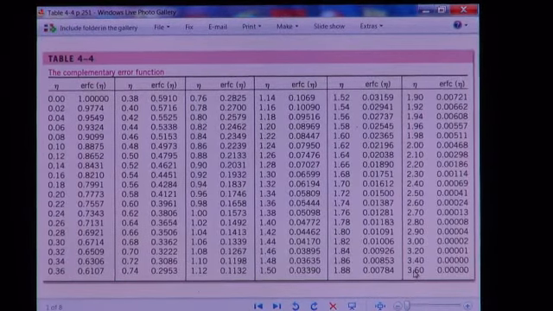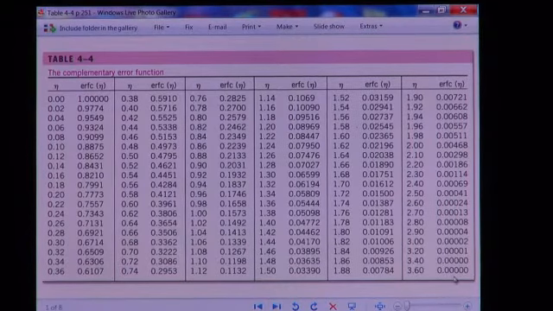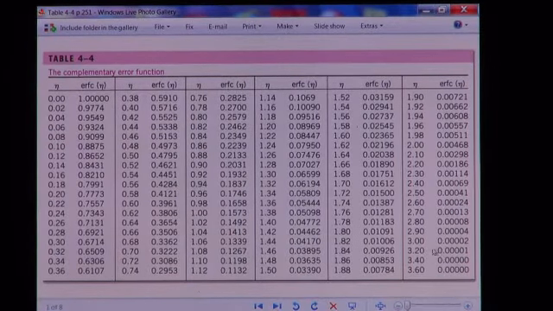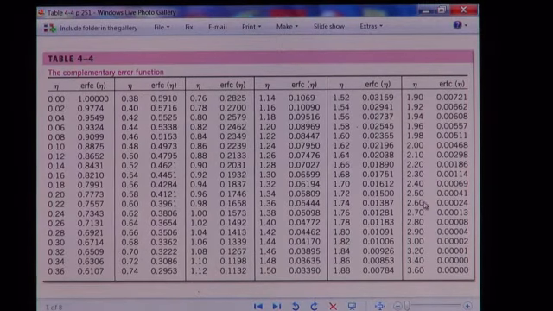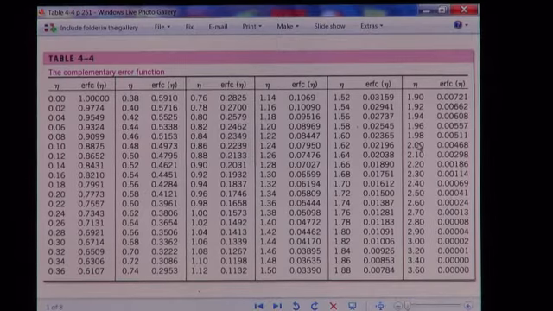if eta is 3.6, then we can see the complementary error function is along about 0, you see. And here you can already see that if the argument of the error function becomes larger than about 2, then for all practical purposes it is 0.